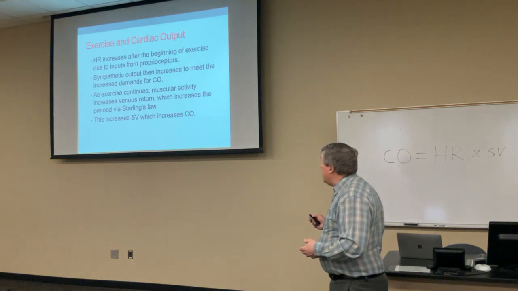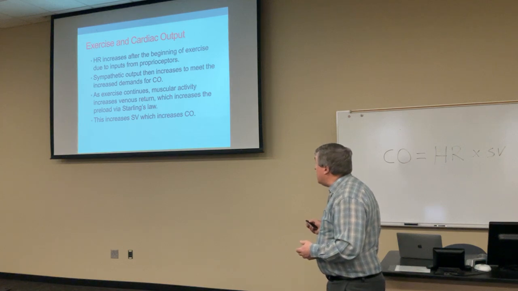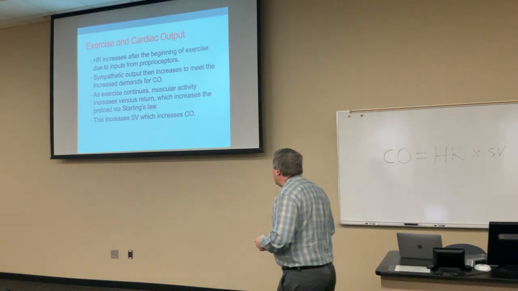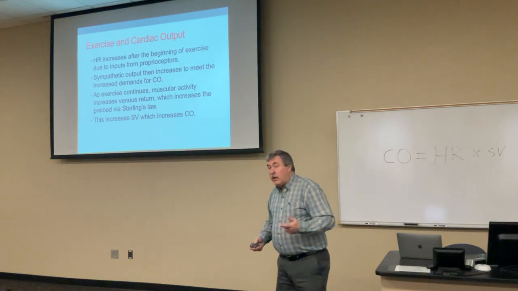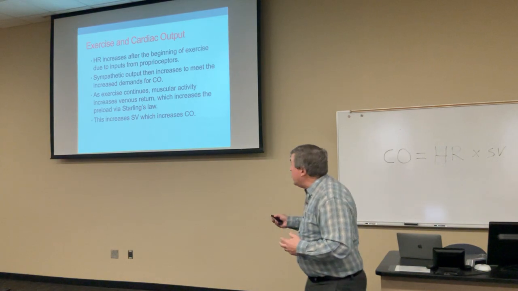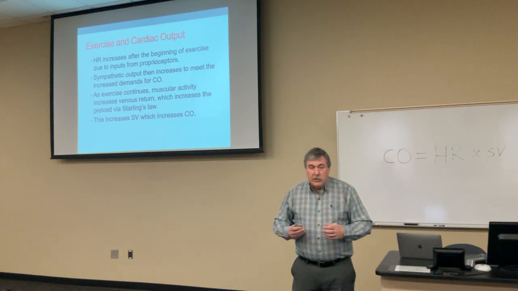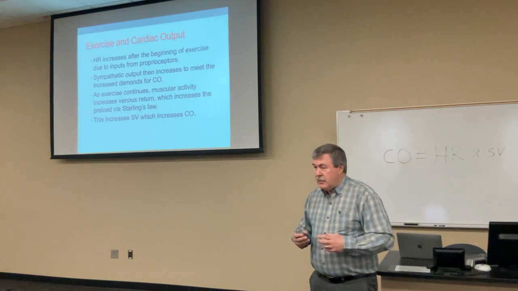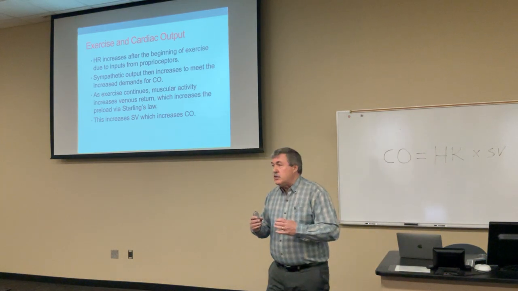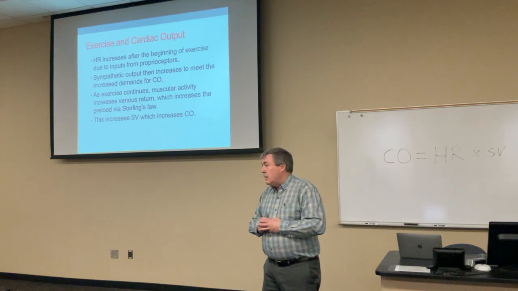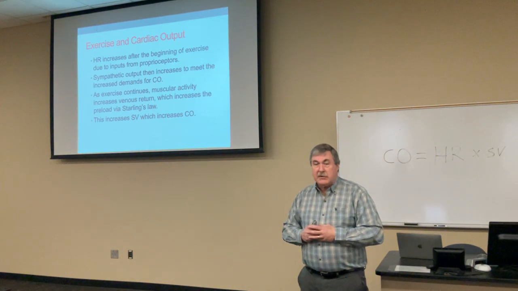And then, as exercise continues, muscular activity increases venous return, which increases the preload via Starling's law, and that will increase cardiac output. Now, the reason that muscular activity increases the venous return, and we'll probably take a look at this on Wednesday when we start talking about regulation of blood pressure, is most of your veins in your limbs, like your legs, are located between large muscle masses.